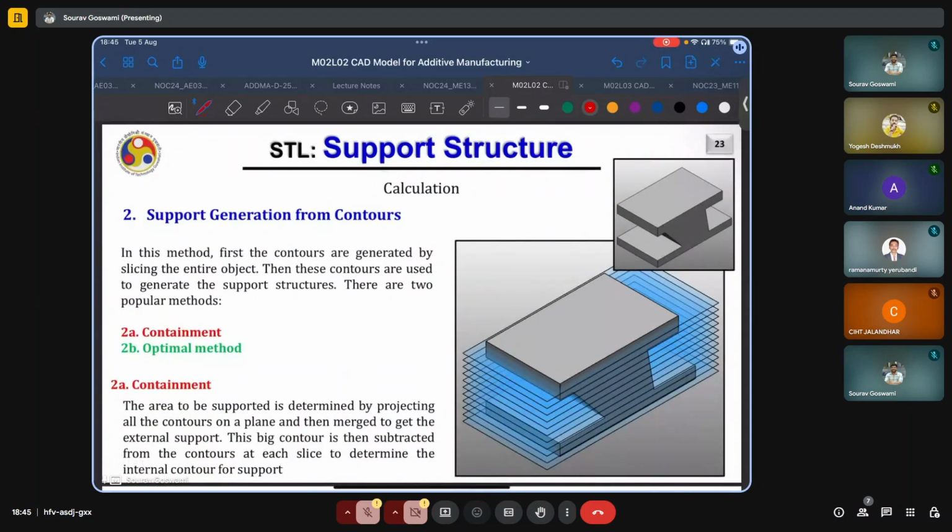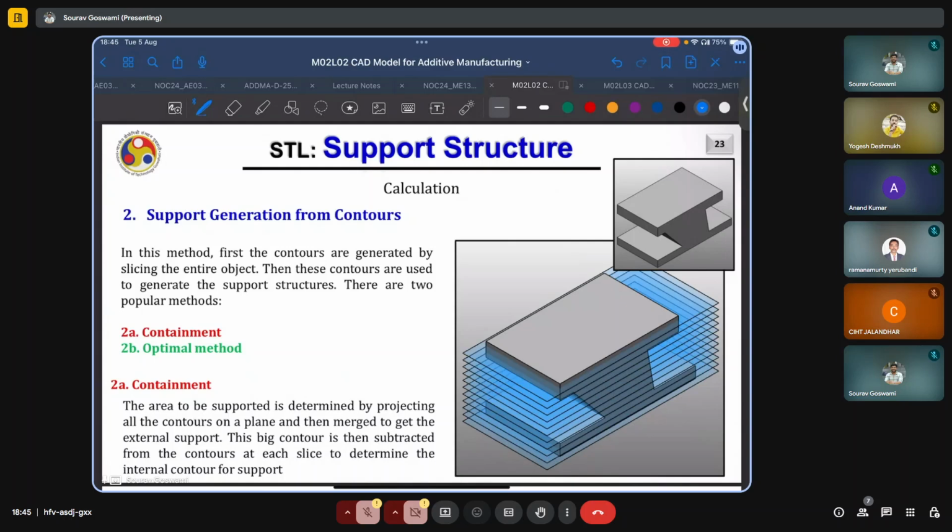The next topic is support generation from contours, and there are two ways to do it. First is the containment method, and second is the optimal method. In both cases, however, what we are doing is we have these slicing layers. In this case, this layer is a plane, and these slicing planes intersect the 3D object.